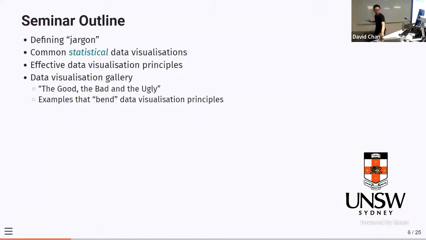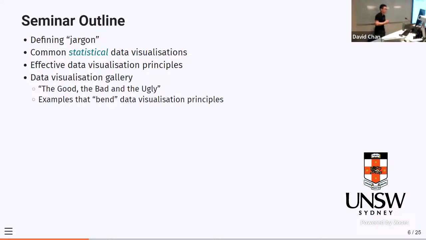So what I'm actually talking about today, well, I'm going to define some jargon that I've used just before. What do I mean by observation? What do I mean by a variable? We'll go through some of the common statistical data visualizations. These are commonly what you'll see if you're taking our short courses.